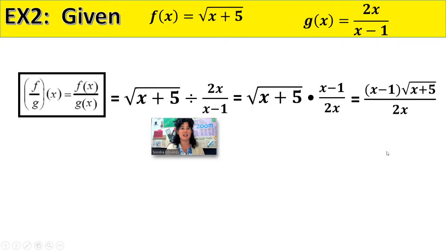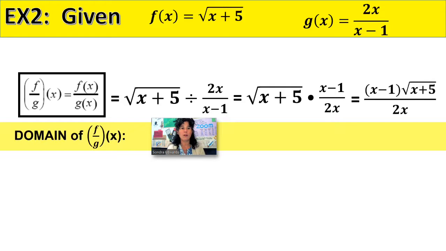Okay, now we have the answer to the quotient of f and g, and now we want to find the domain of the result. When you're finding the domain of two functions that have been divided, you want to consider three things. The first two are exactly the same as what we did for adding, subtracting, and multiplying.